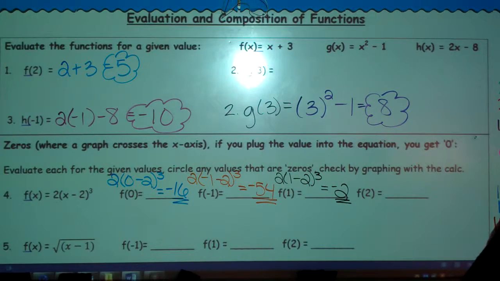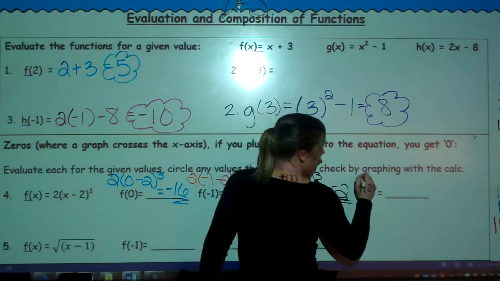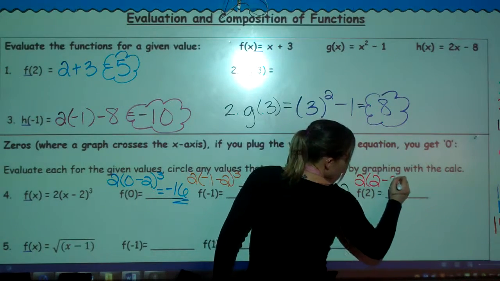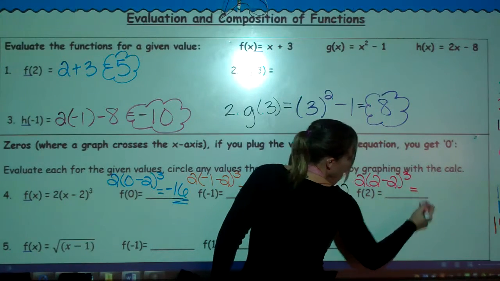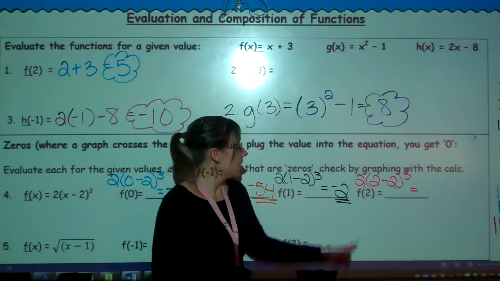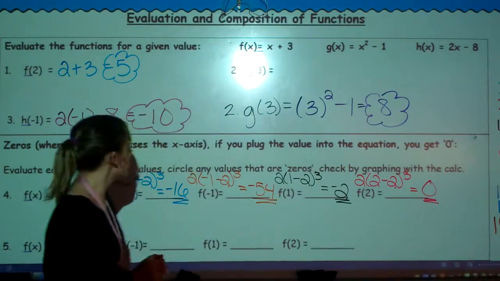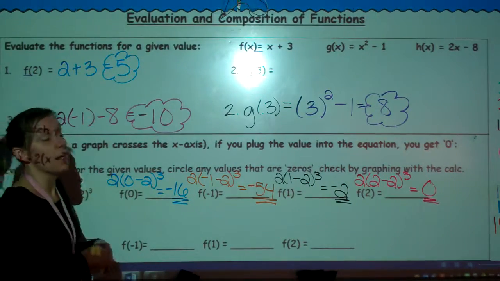And then the last one I will do in red. I just want to make sure you can see it. So I put in a 2 right here. 2 times 2 minus 2 to the 3rd. 2 minus 2 is 0. 0 to the 3rd is 0. 2 times 0 is 0. Okay? And then it says, circle any values that are 0.